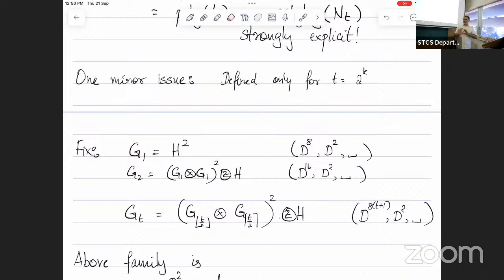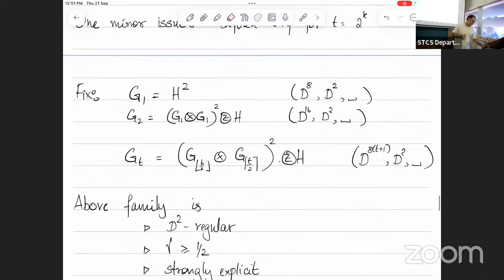The calculation for the spectral gap, etc., is exactly identical. But now you have an option to define what G3 is. You take G1 tensor with G2, square that, take the zigzag with H. So G3 is also defined, and you now have GT for all possible t. And now this truly grows as some d power 8t sort of thing.